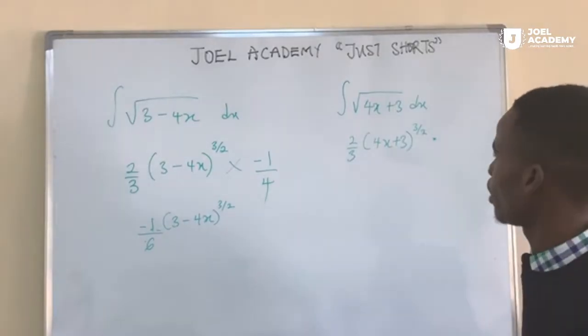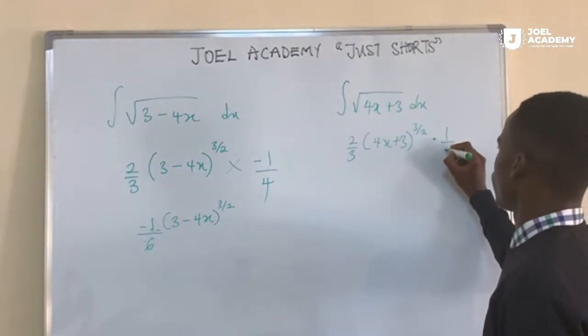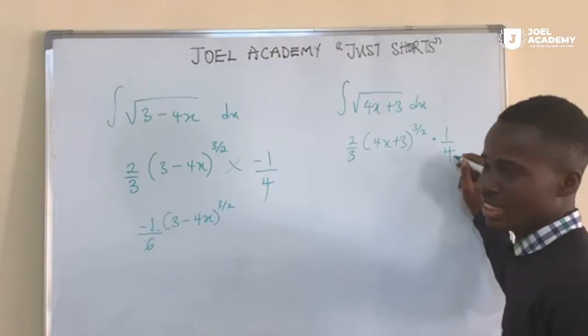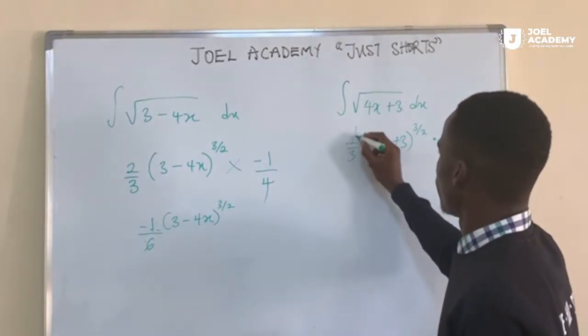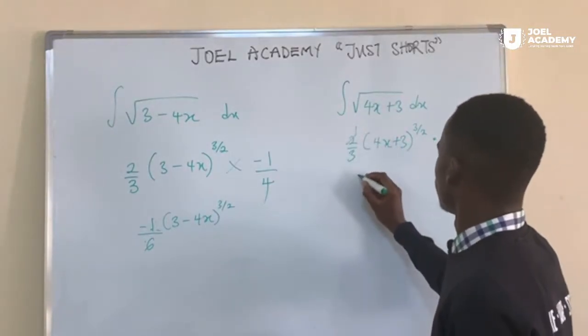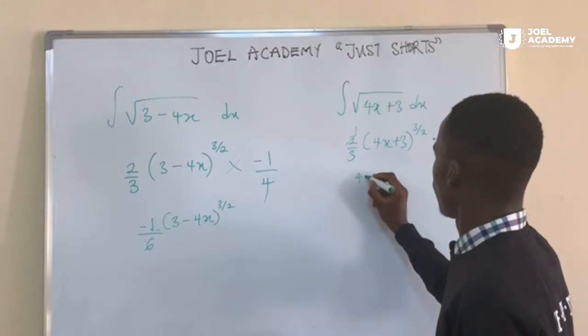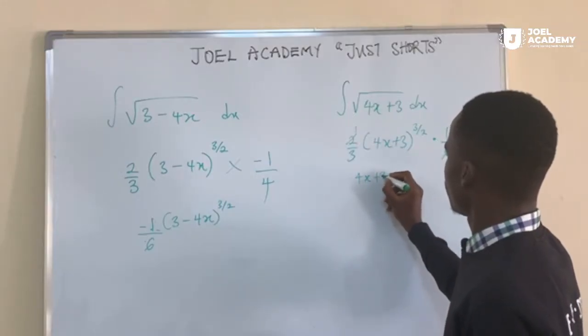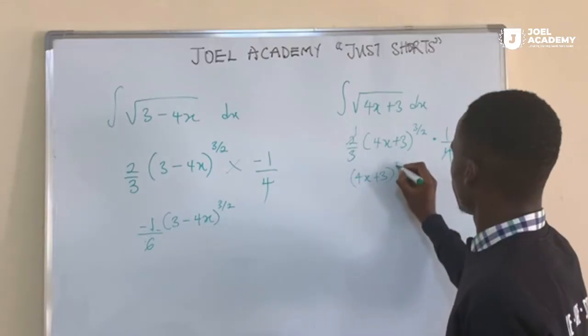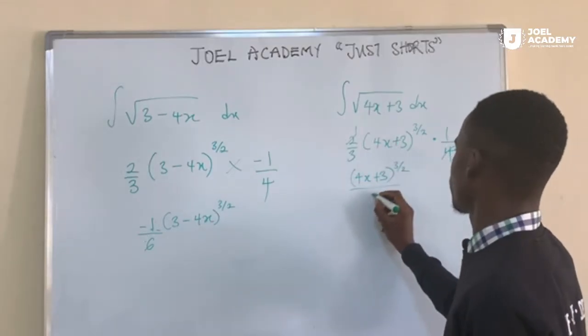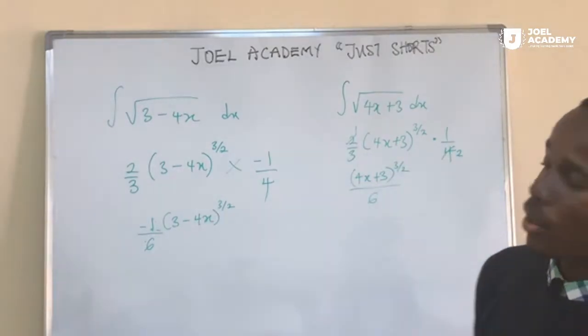But don't forget you're multiplying by what? Differentiate this, you have what? 4. The 4 is at the denominator, so 2 here 1, 2 here 2. We have 4x plus 3 raised to the power of 3 over 2 over 6. Don't forget.